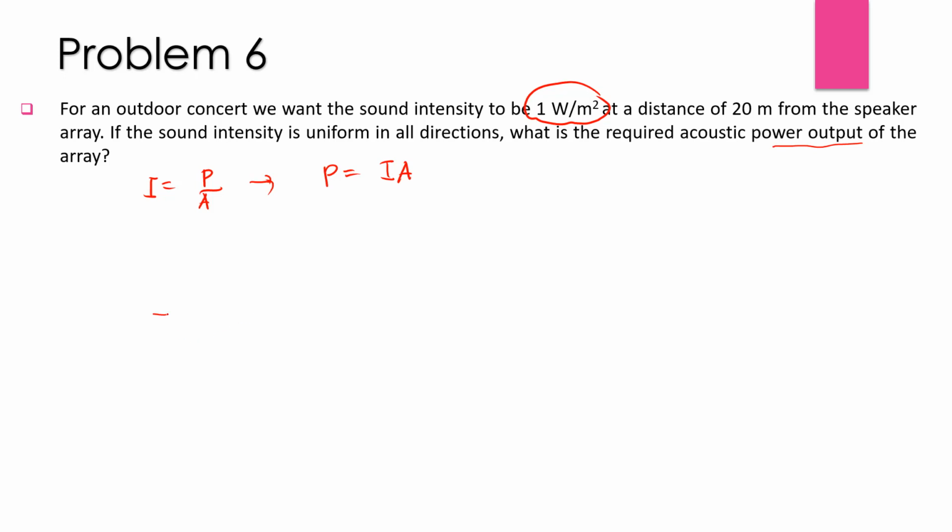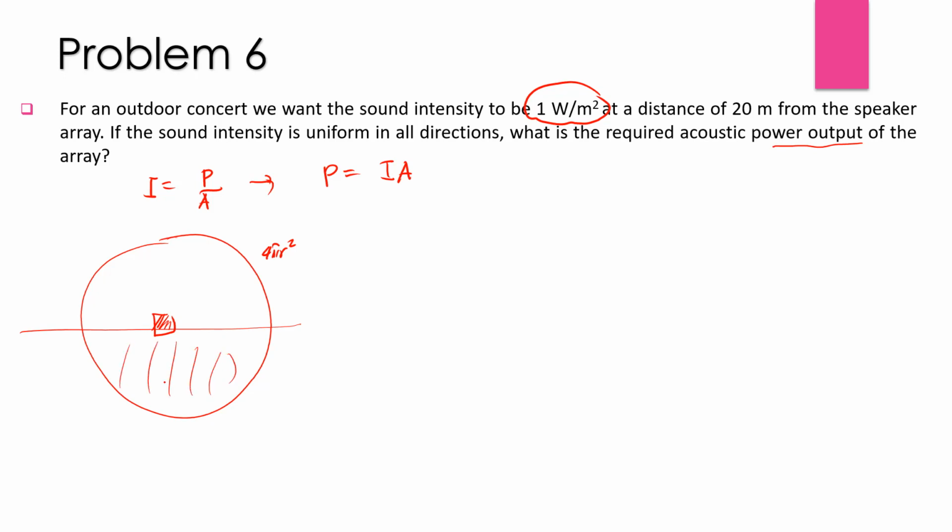So if this is our speaker, we have to take note that the surface area of a sphere is equal to 4 pi r square, but the area in question here is only half of the surface area of a sphere, because this one here is our ground.